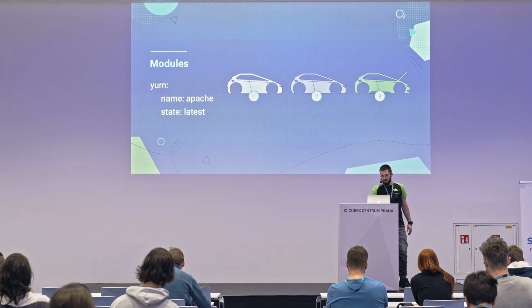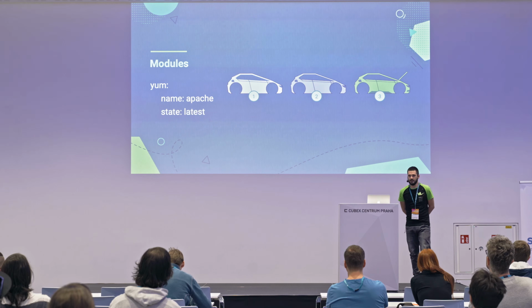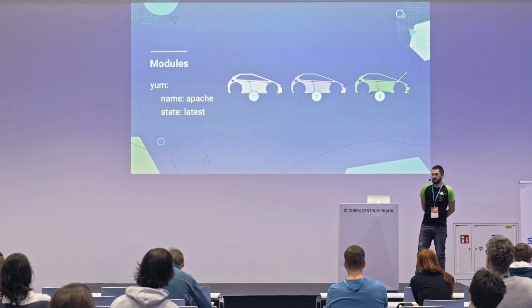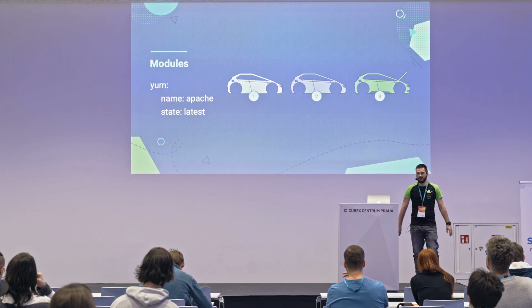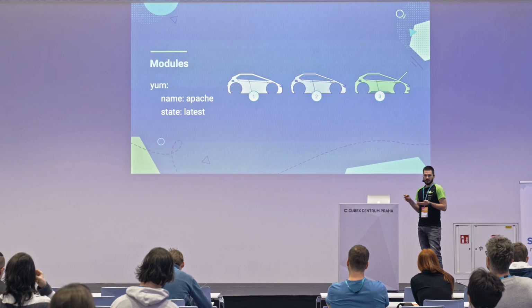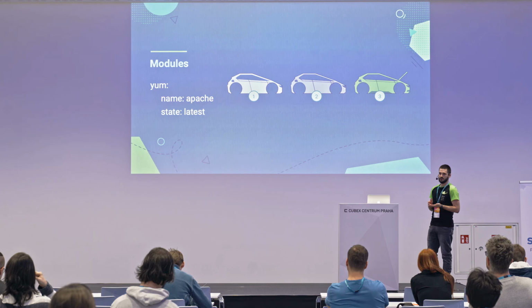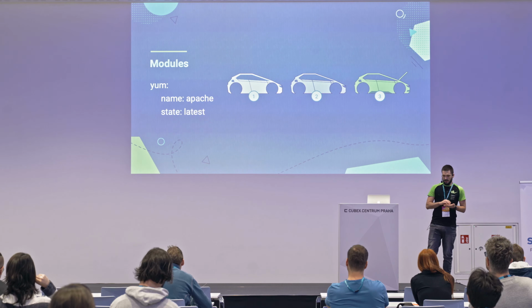And the first and very important part of the Ansible structure is modules. You can imagine that in our imaginary car factory, the modules are the machines that are doing specific things, and that's what modules are. These are small programs that are doing small actions.